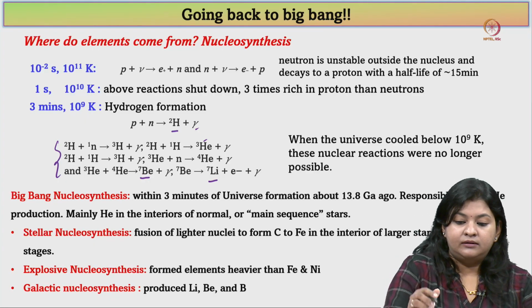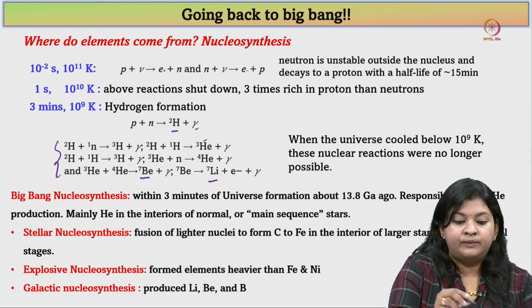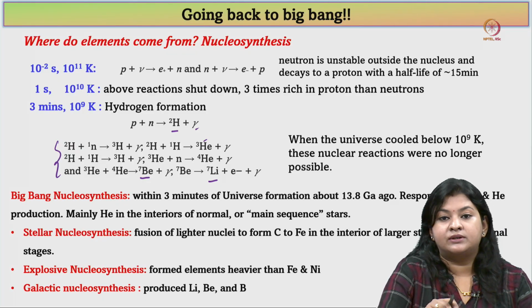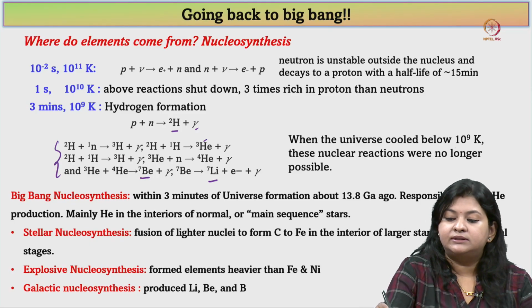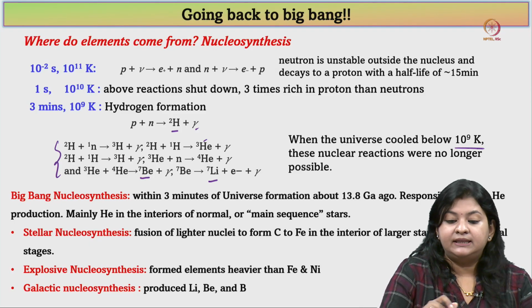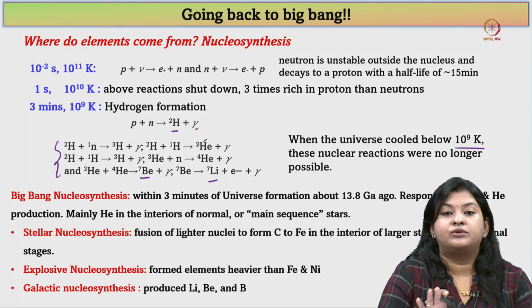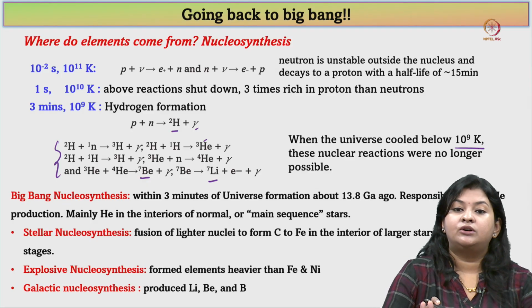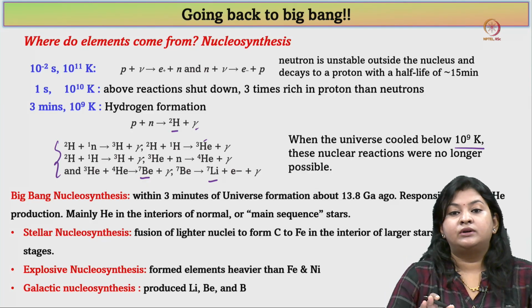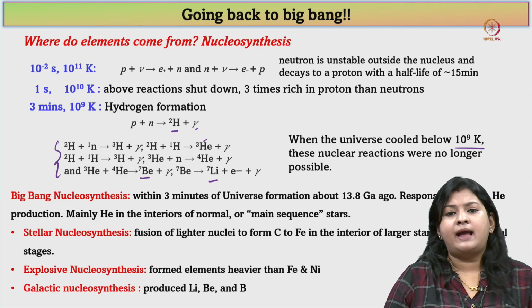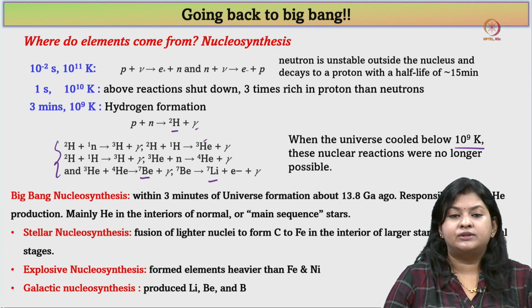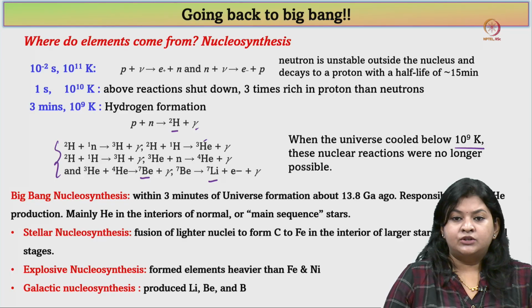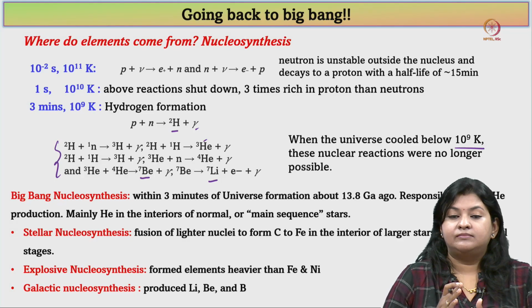When the temperature of the universe cooled below this 10 to the power 9 Kelvin, these nuclear reactions were no longer possible. So, now we are left with a lot of hydrogen, a lot of helium, and a lot of beryllium and lithium, and a mass of protons and neutrons are also there. This is at 10 to the power 9 Kelvin, a few minutes after the Big Bang.